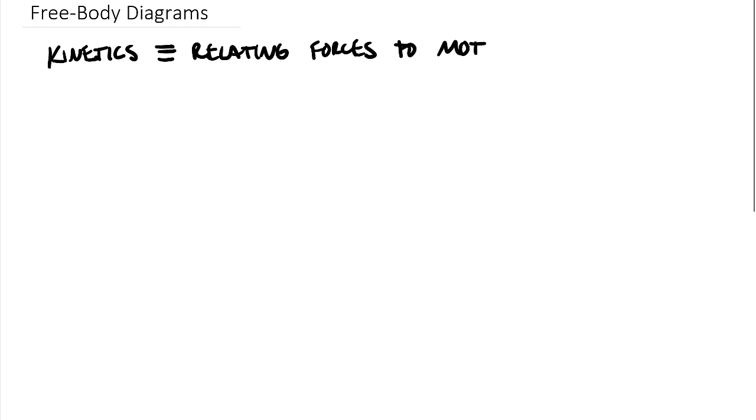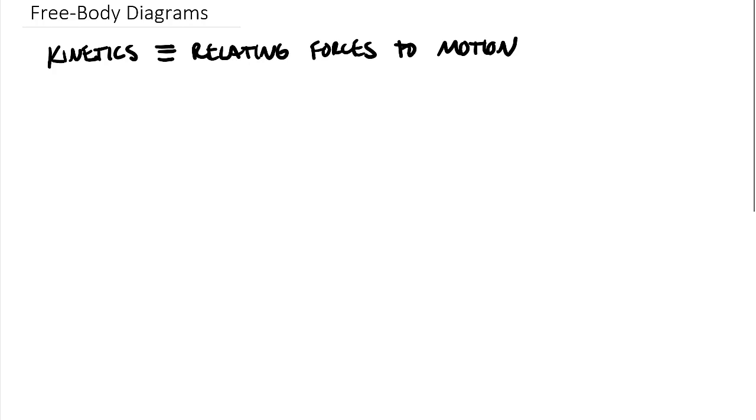When we talk about the word kinetics, which you'll get to know and love in dynamics, this is defined as relating forces to motion. Fundamentally, sum of forces equals 0 and sum of moments equals 0 are kinetics equations. It's just that our motion is 0. It's the most simplified type of motion that you could have, in that things are at rest.